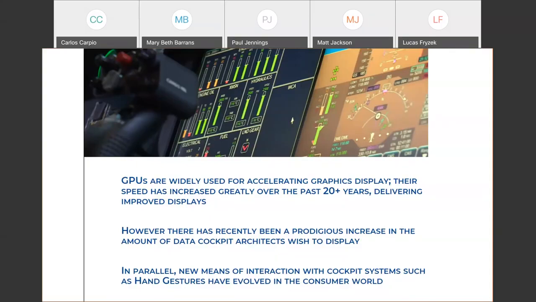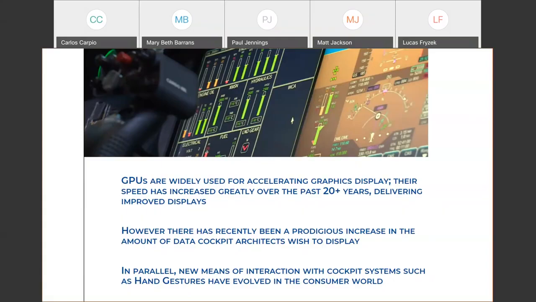We're all used to the vast increase in performance and capability of those tools. Most aircraft that are flying today have some form of graphics, those that have glass screens, of course. Some form of GPU is behind that.